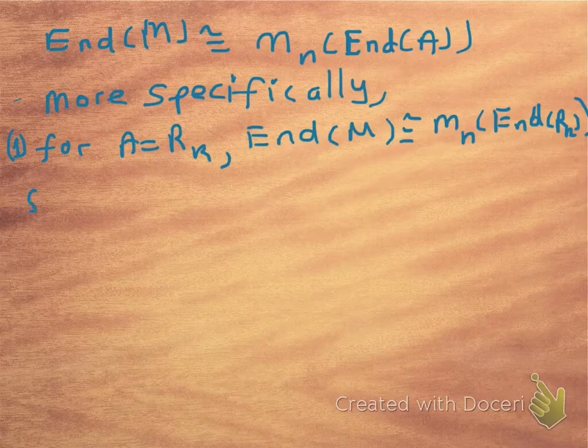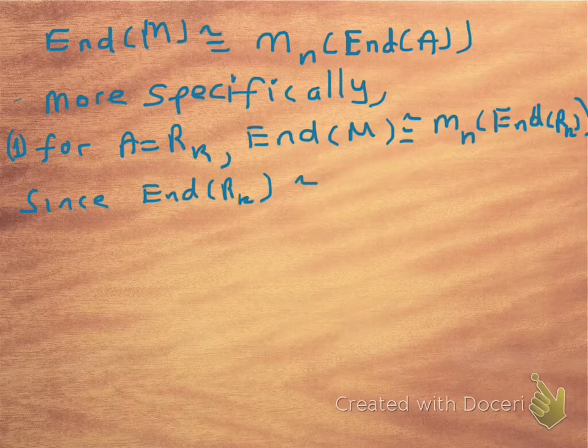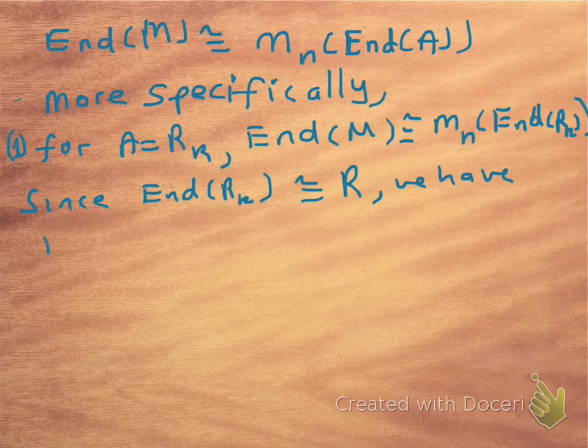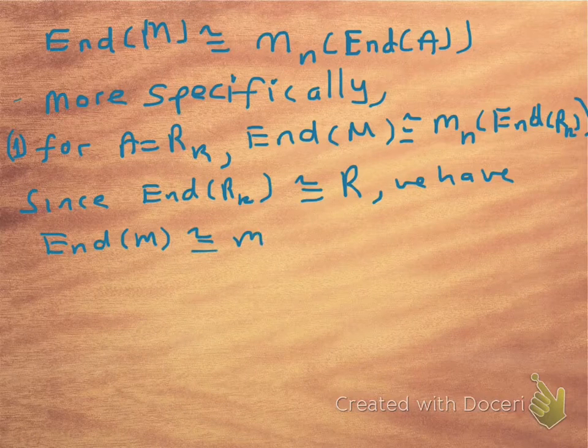No, because the ring of endomorphisms of R as a module over itself is simply isomorphic to R. We have M isomorphic to R to the n, so the ring of n by n matrices over R.